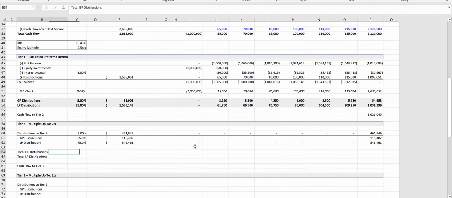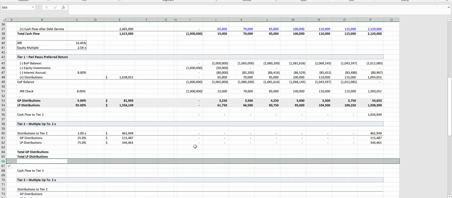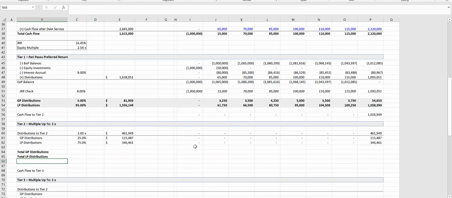And then down here, let's add up our total GP and LP distributions. And then let's also add in a total deal level distributions. So the total, the GP received row 53 plus row 61.